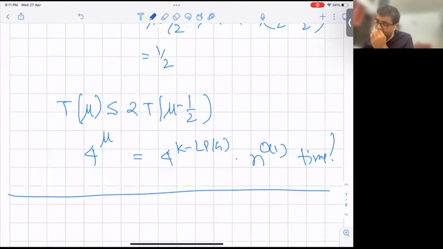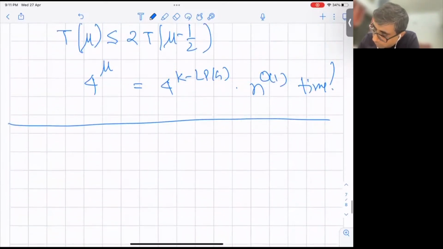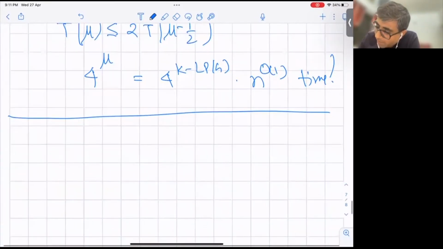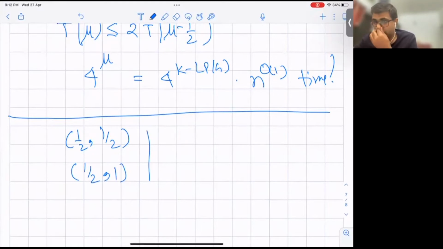This was an algorithm which was known, but with slight improvement. Currently, what is the branching factor? The branching factor is half comma half. Now imagine if we could make the branching factor half comma 1, what can we say?